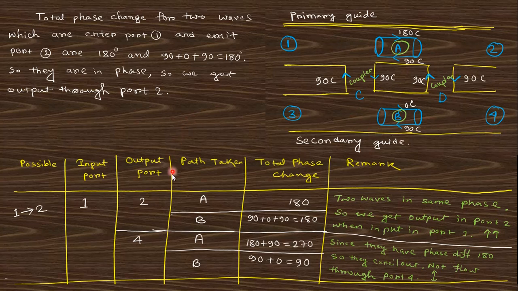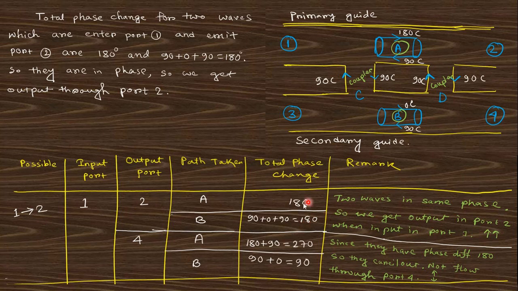Now when we take the output at port 2, the wave can be transmitted through A, otherwise the wave can be transmitted through B. So from 1 to 2, it is transmitted through path A or path B, through this ferrite material. When the wave comes through path A, there is a phase change of 180-degree clockwise, and when it is path B, there is a phase change of 90-degree, 0-degree and 90-degree.